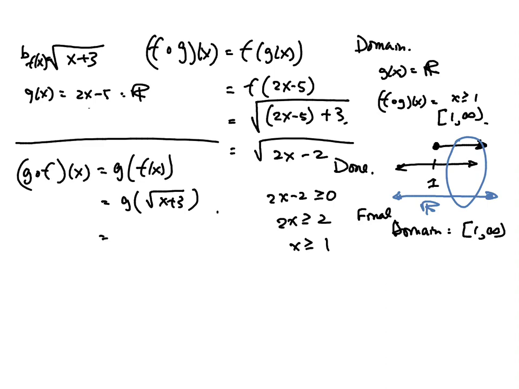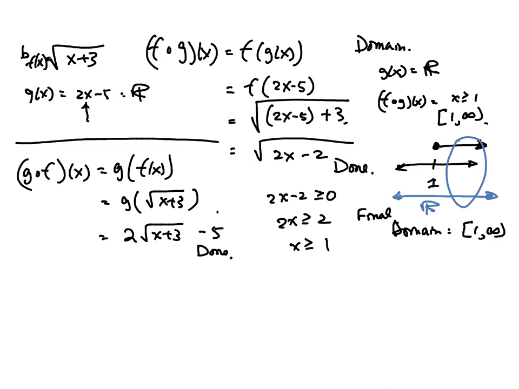So wherever you see x, you're going to put in that square root of x plus 3. So 2x minus 5 becomes 2 square root of x plus 3 minus 5. Can't do anything else with that equation because that's a square root. So that's it for that.